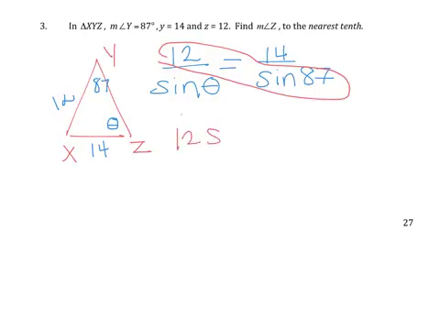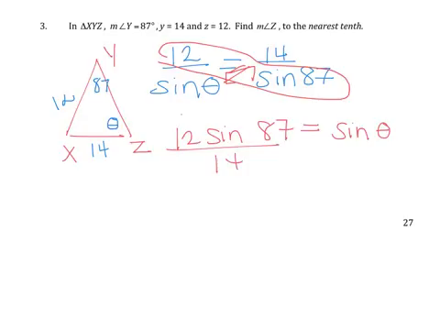So 12 sine of 87, and we are going to switch the 14 and sine of theta. You can go ahead and cross multiply them, but you're going to see that you're going to end up dividing out the 14, so it's just an extra step that we can eliminate, with your understanding, of course.